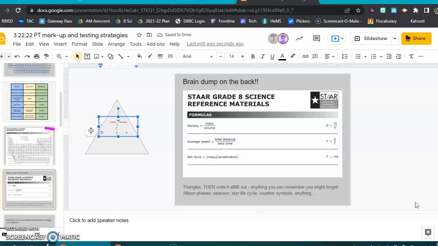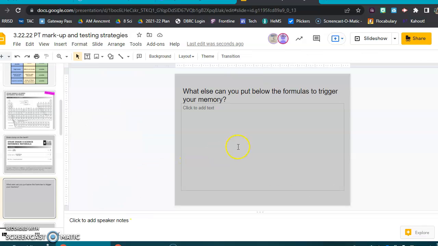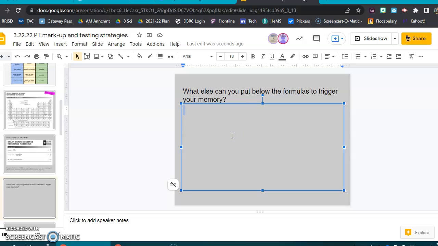So we do this kind of to give you guys a little bit of a view of what things you could add to your STAR chart here. And do a little brain dump before the test so that you're not so stressed out. So other people have said things like moon phases. Some people said Roy G. Biv, members of the visible light spectrum.